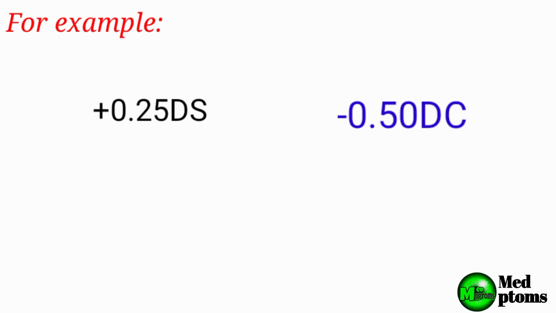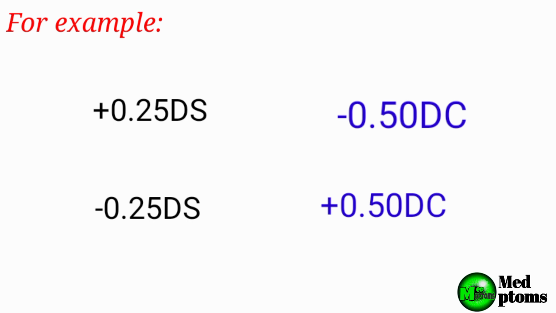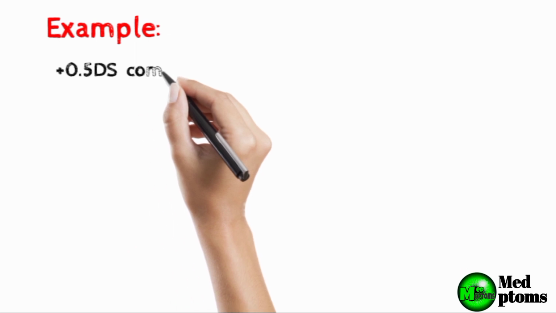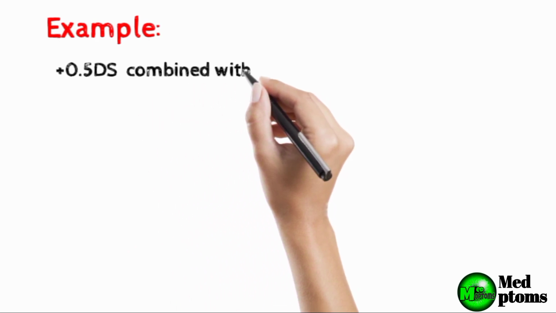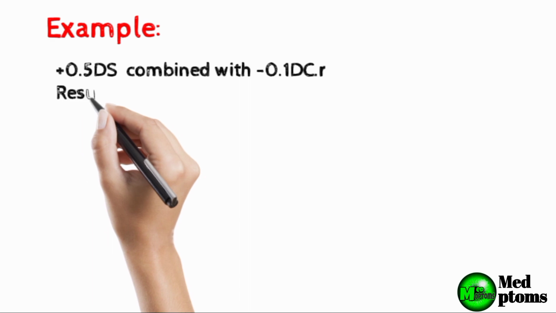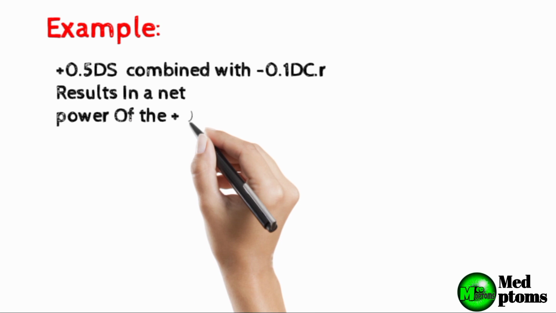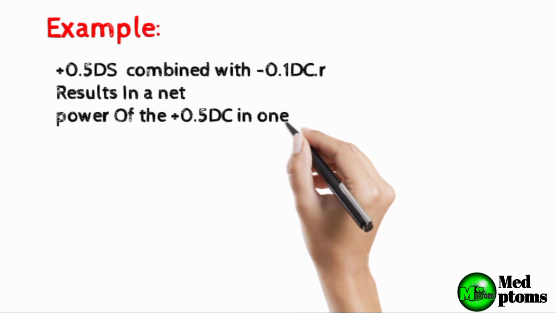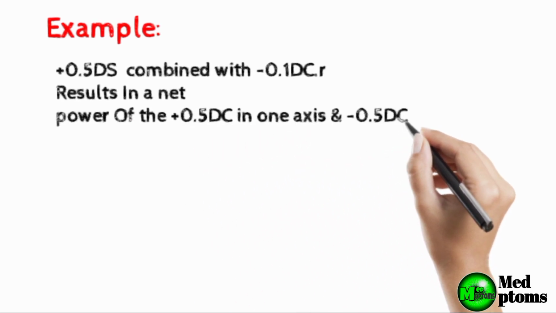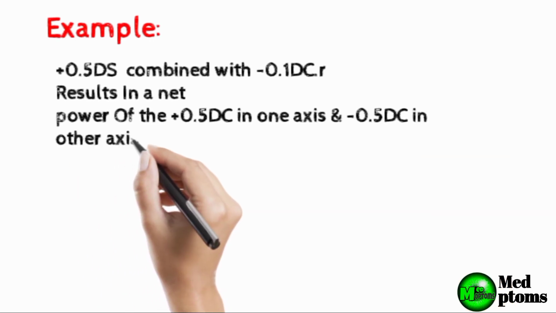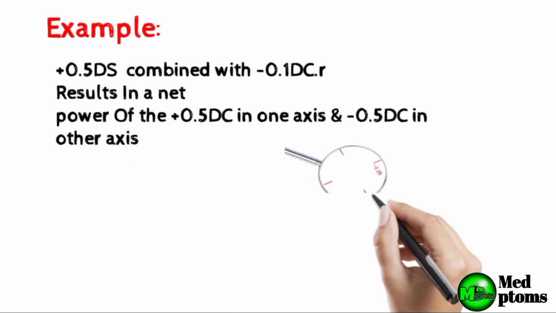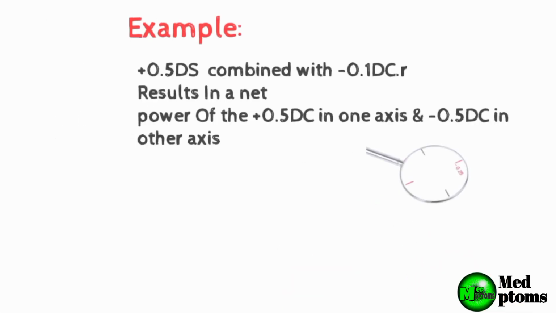Otherwise, if we take minus 0.25 as the spherical power, then we take plus 0.50 as the cylindrical power. For example, we take plus 0.5 as the spherical power combined with minus 1.0 cylindrical power, which results in plus 0.5 dioptric cylinder in one axis and minus 0.5 dioptric cylinder in the other axis.